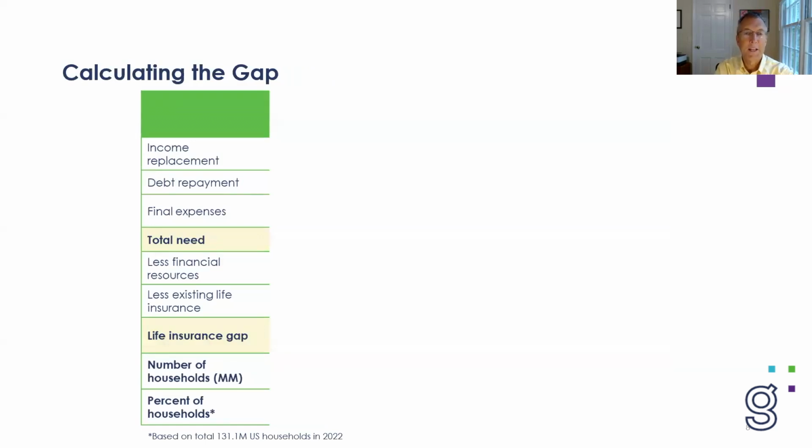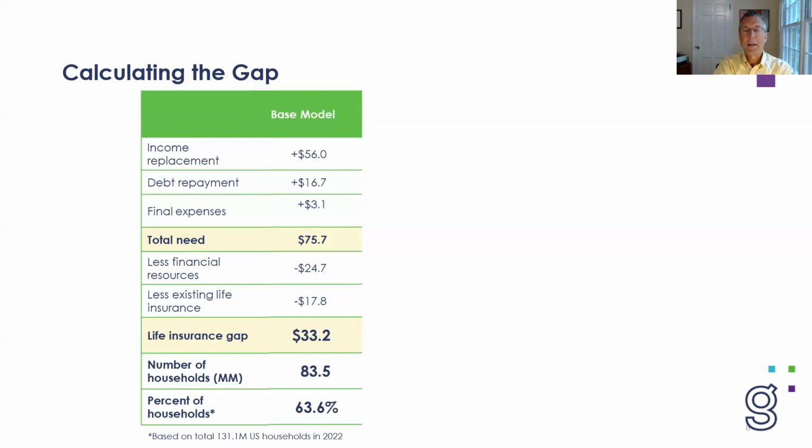So to jump into the actual numbers, here's what the base model looks like. So we start off with income replacement for those who are under age 65 and have potentially dependents, 7 years of their income. We add in debt repayment for those who have debt, and final expenses for pretty much everybody. We get to a total need. Then we subtract out for those households what their financial assets are, and then any life insurance they own.